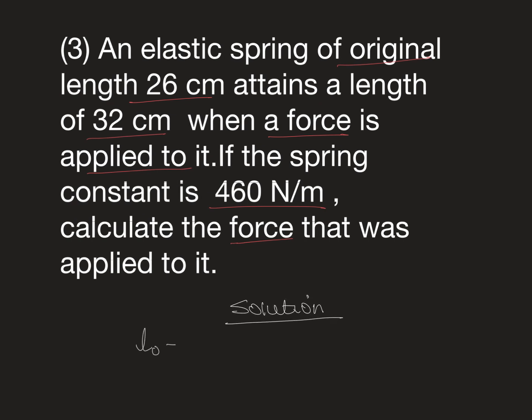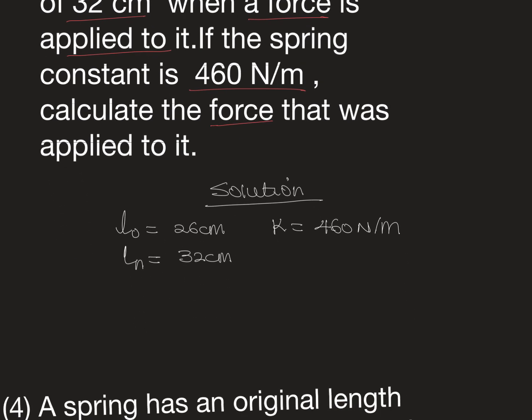The original length is 26 centimeters. The new length was 32 centimeters. The length that is attained is going to be the new length. And the spring constant K is 460 newtons per meter.